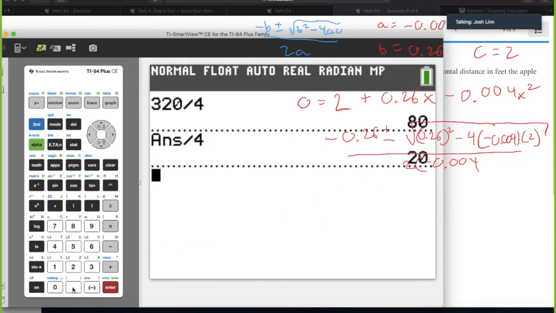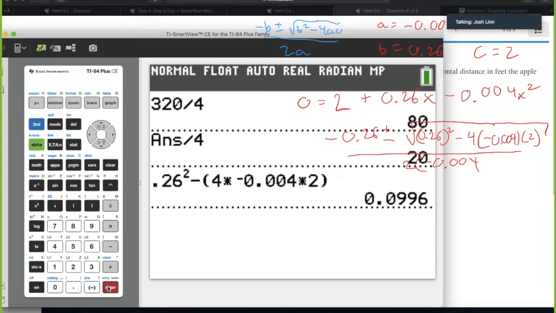So I'm going to do 0.26 squared minus, parentheses, I want all this to happen first, 4 times negative 0.004 times 2, close parenthesis. So that is a small number, but a positive number nevertheless.